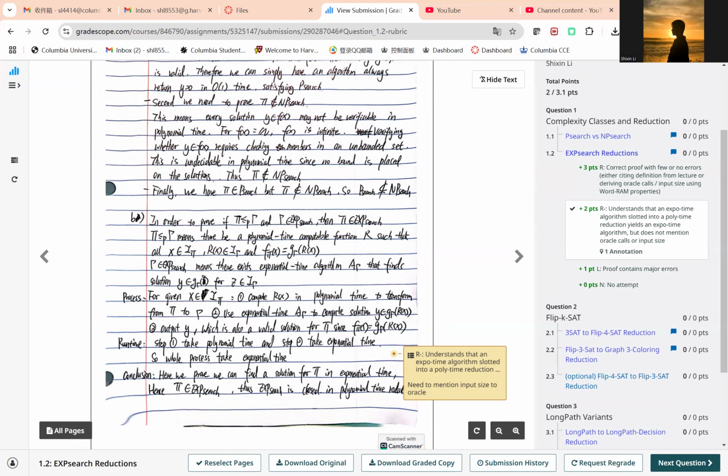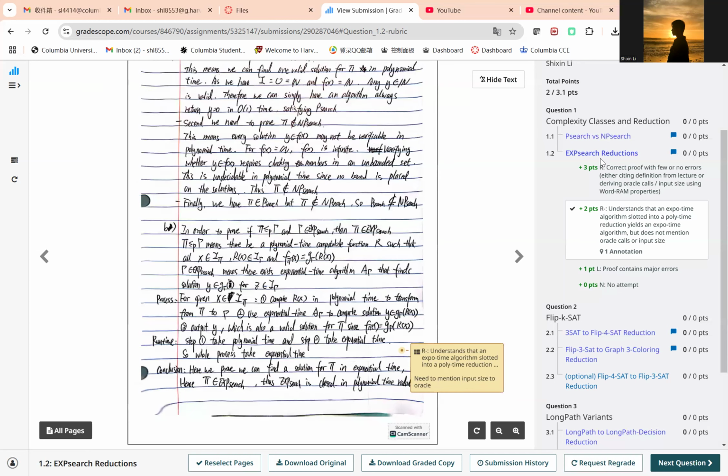We know that if pi reduces to gamma in polynomial time, this means that there will be a reduction R solving pi that runs in polynomial time, which, if c is a constant, is O(n^c), and also making O(n^c) polynomial calls to an oracle solving gamma on input of polynomial size, which is O(n^c), right? So this is the input size of gamma.